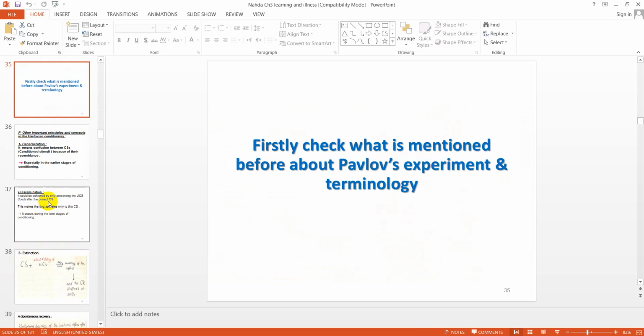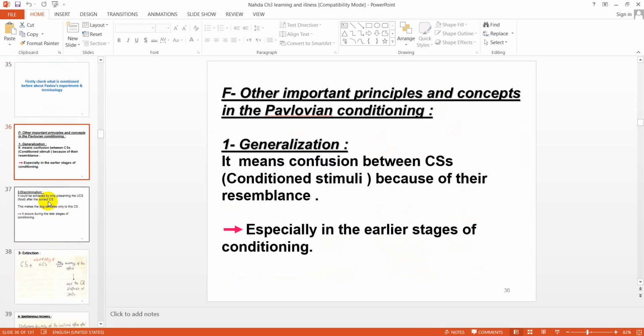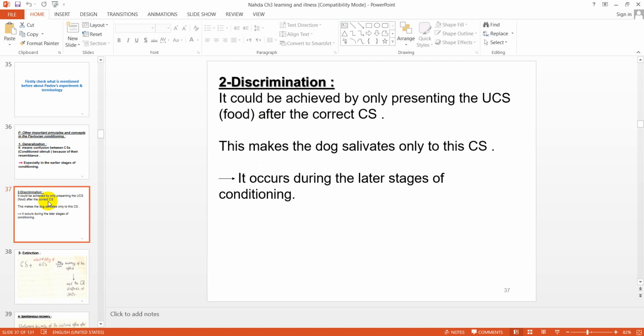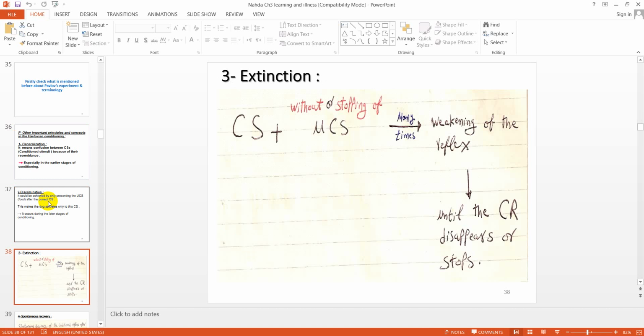So in order to clarify the meaning of each one: generalization means a confusion between conditioned stimuli because of their resemblance. What about discrimination? Discrimination could be achieved by only presenting the UCS after the correct CS. What about extinction?